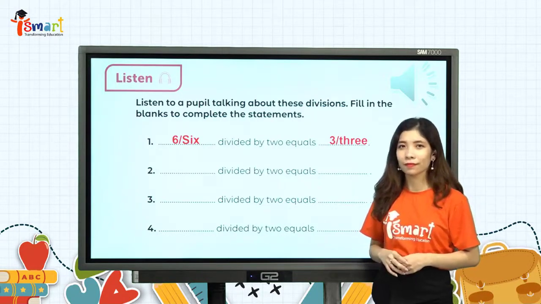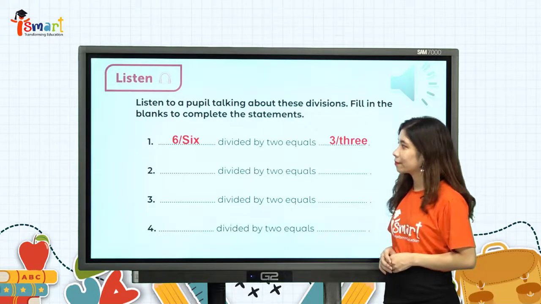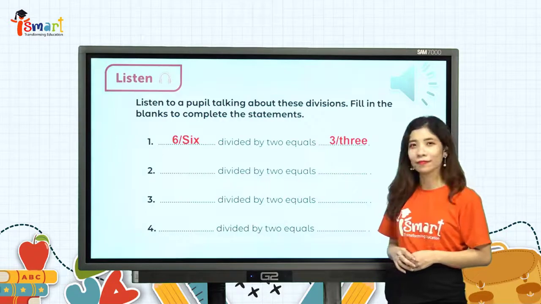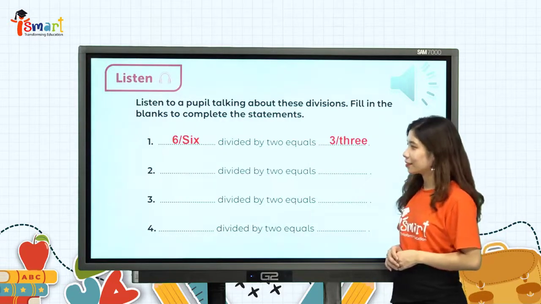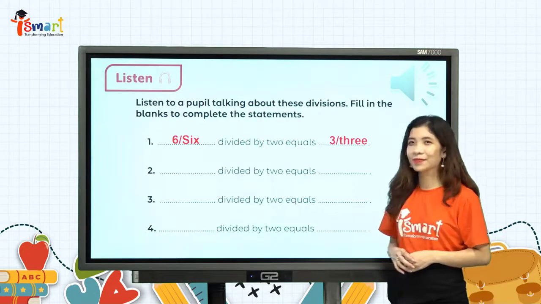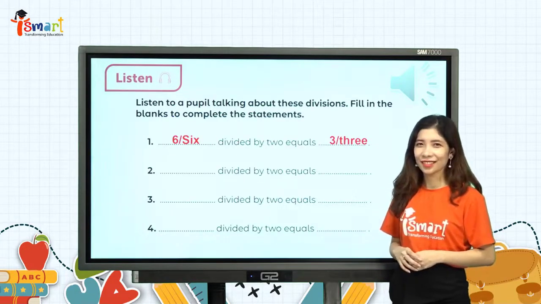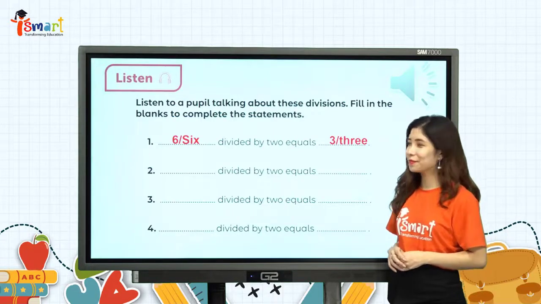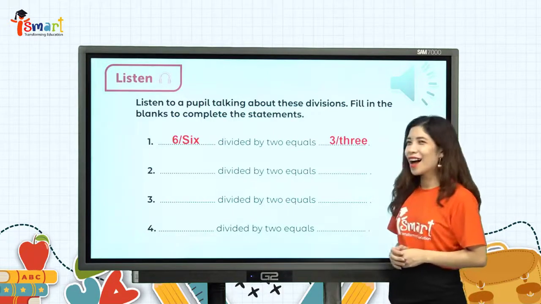Number 3. 12 divided by 2 equals 6. Number 4. 18 divided by 2 equals 9.